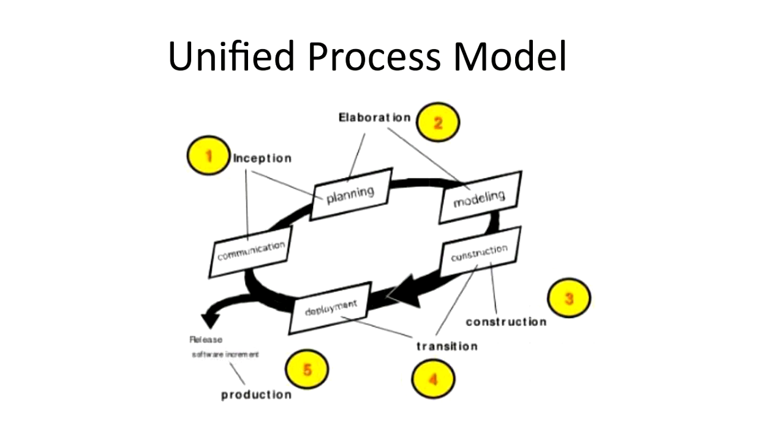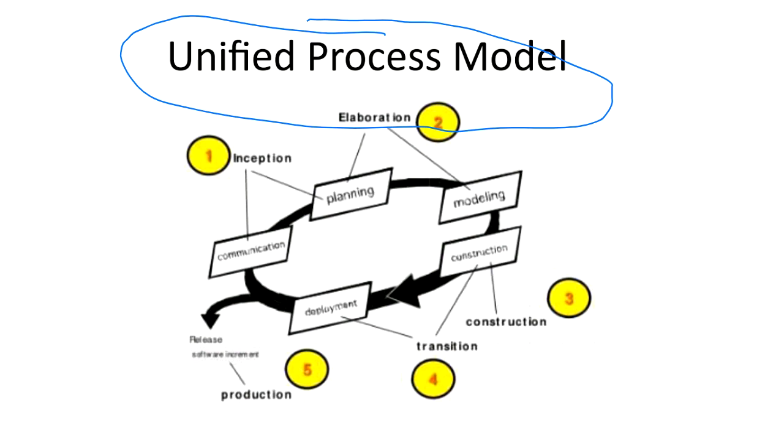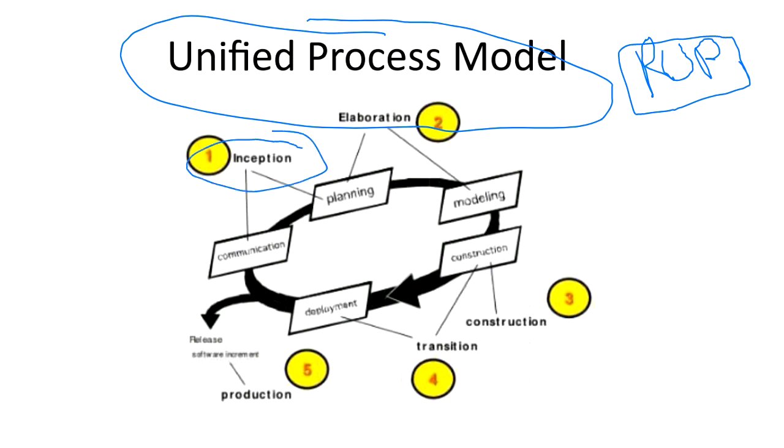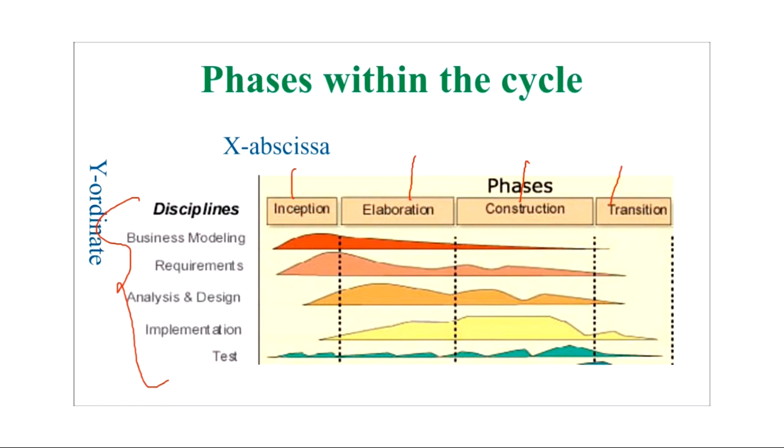Okay, so we were seeing the unified process model, or more specifically, the rational unified process in the last class, right? So we have seen the inception phase and the elaboration phase in detail, right?